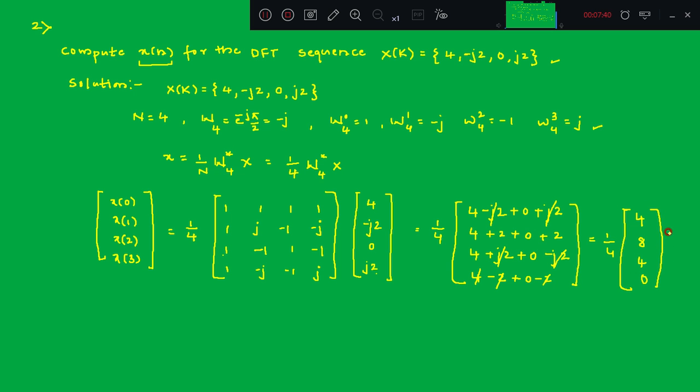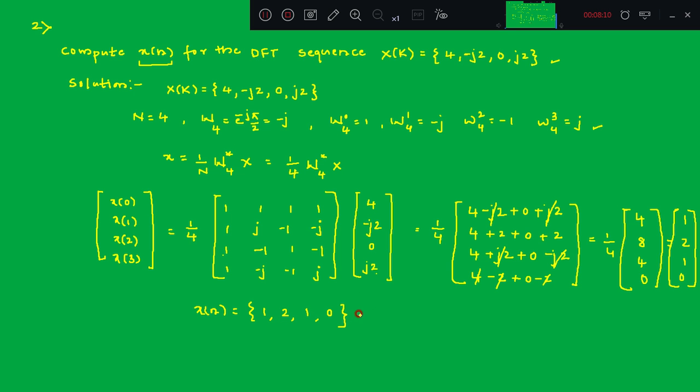So after that what do you get? Multiplying each value with 1 by 4, you get 1, 2, 1, 0. So this is the output sequence x of 0, x of 1, x of 2, x of 3. I will write x of n is equal to 1, 2, 1, 0, right?